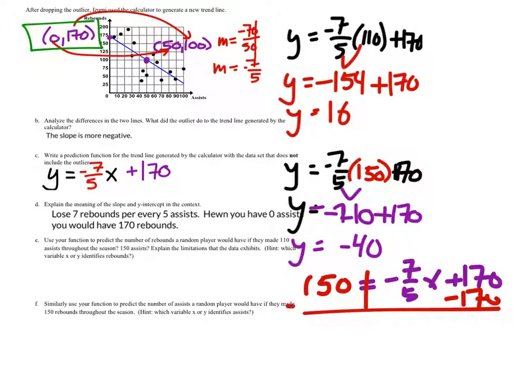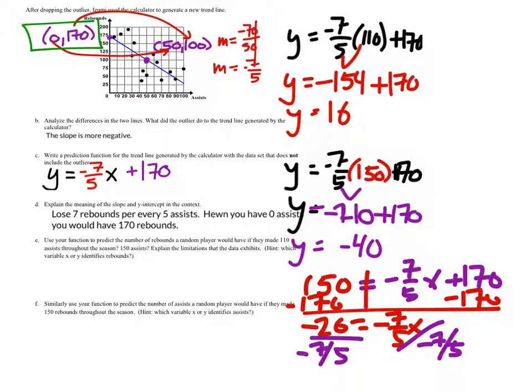Minus 170 gives me -20 equals -7/5 X. To solve this, I would divide both sides by -7/5, and we find that X equals a positive 100/7.